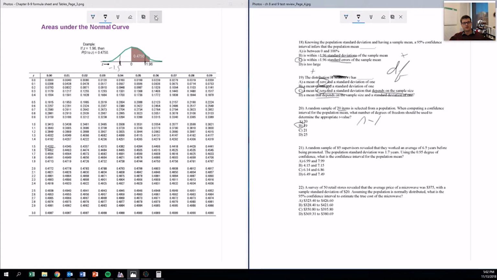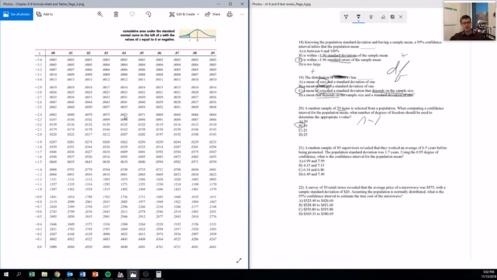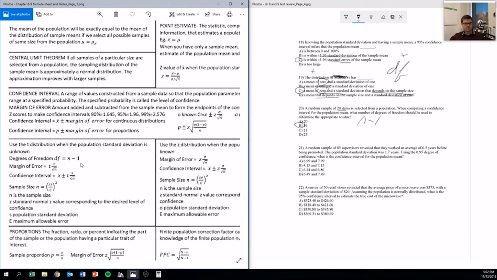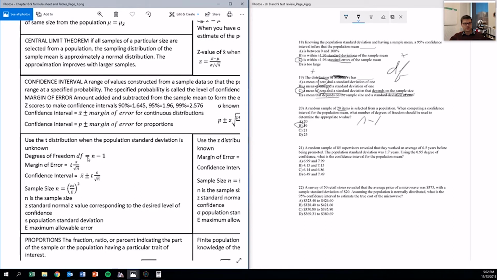A random sample of 85 supervisors, so we've got a sample size of 85, revealed that they worked an average of 6.5 years before being promoted. The population standard deviation is 1.7, which means that we can use the z-scores using the 0.95 degree of confidence. What is the confidence interval for the population mean?